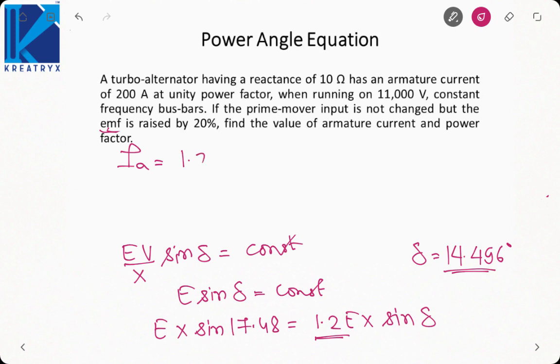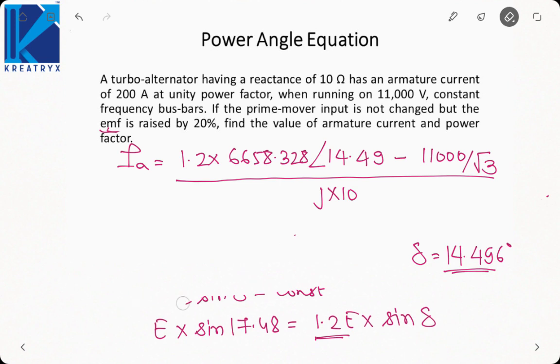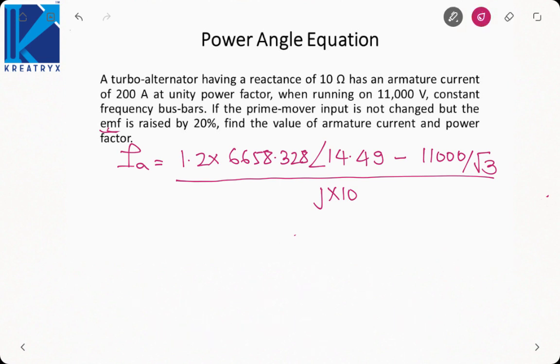EMF will be 1.2 into 6658.328, that is the old EMF, with an angle of 14.49, minus terminal voltage 11,000 by root 3, divided by reactance, which is J into 10. That gives us the armature current, which is 243.26 at an angle of minus 34.7 degree ampere.